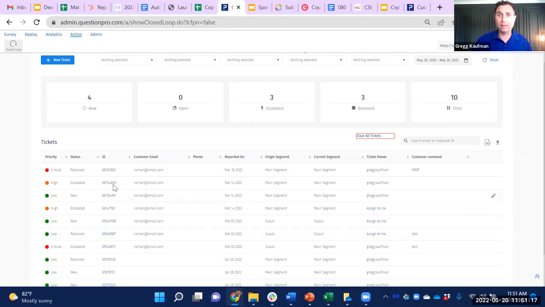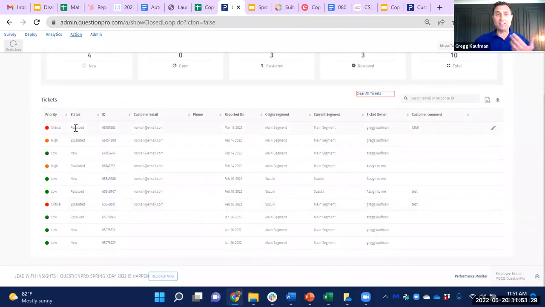Okay, so as you can see here, up above, we've got essentially an overview of the number of new cases that have been generated, the number that have been escalated, the number that have been resolved, so on and so forth. You can see we have a color coding system based on the level of priority, whether it's critical or a low value with respect to priority. You have all the information that you need to know to understand who this individual is.